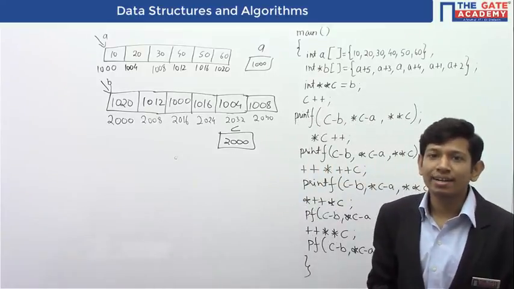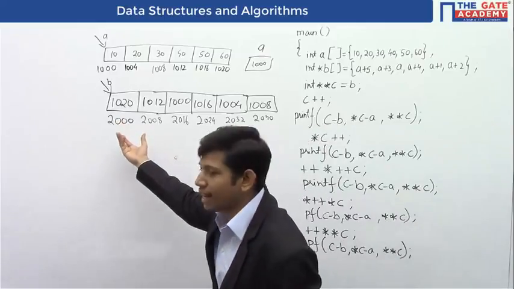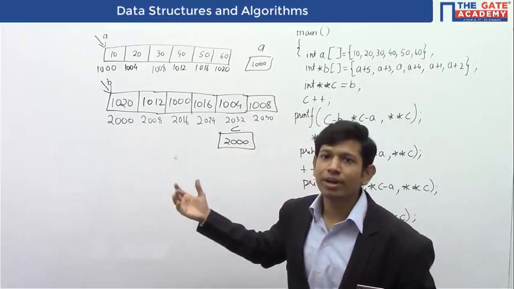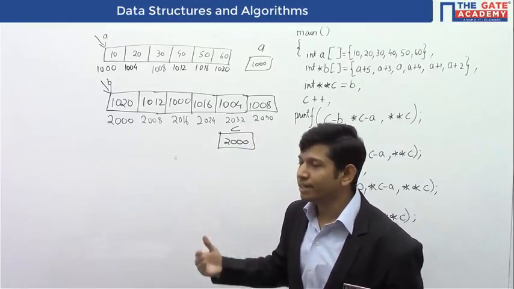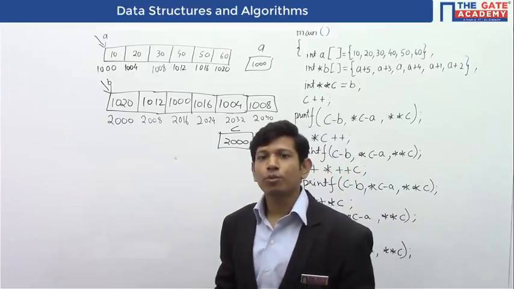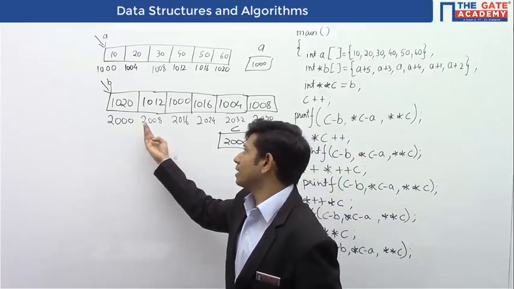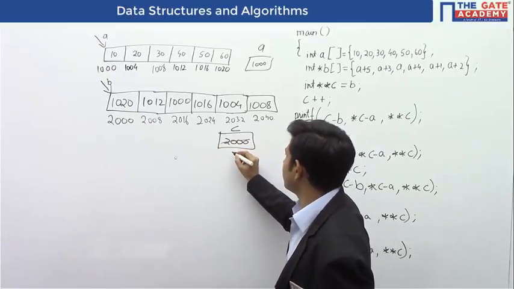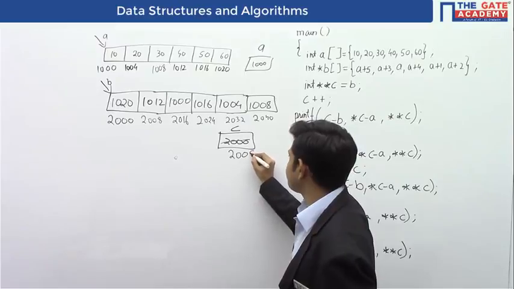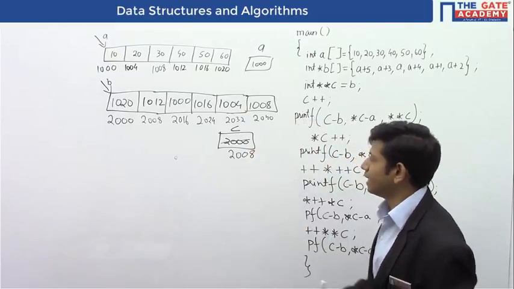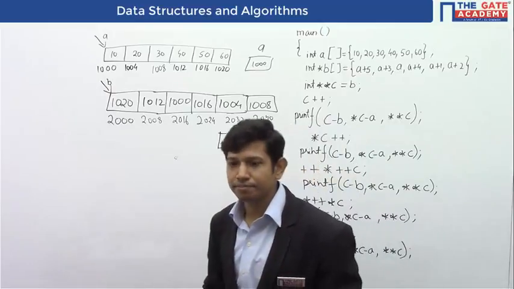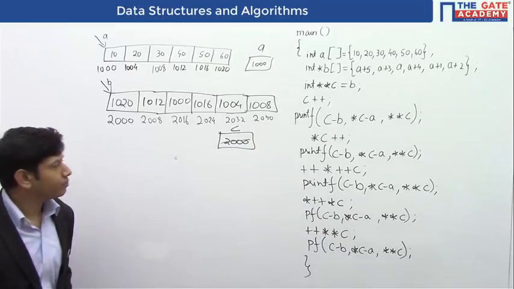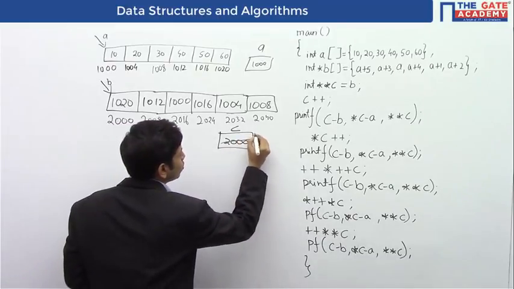It is an address of an array which stores memory addresses, each consuming 8 bytes. So when it is incremented by 1, since it's a pointer, it will point to the next location, which is 2008. So this 2008 is now the value of C. Let's note it down so that we don't get confused.